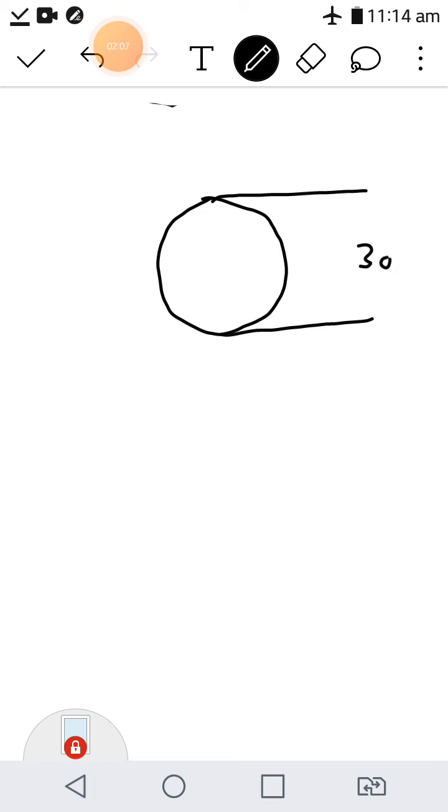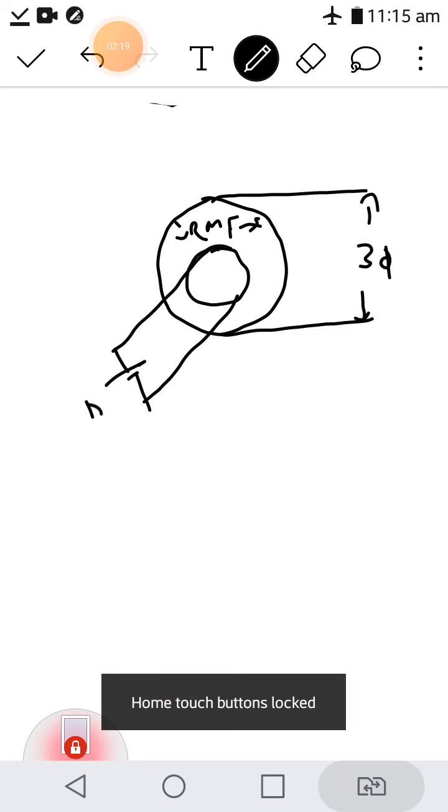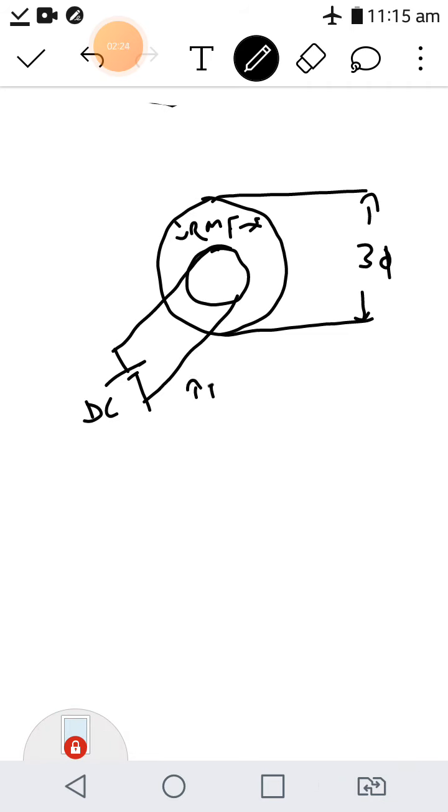So all of you know that for the synchronous machine working, we will be giving a three-phase AC supply to the stator. So the stator will produce a rotating magnetic field rotating at the synchronous frequency, and this is the rotor of the machine. The rotor will be excited with a DC supply, or you can use a permanent magnet instead of that.